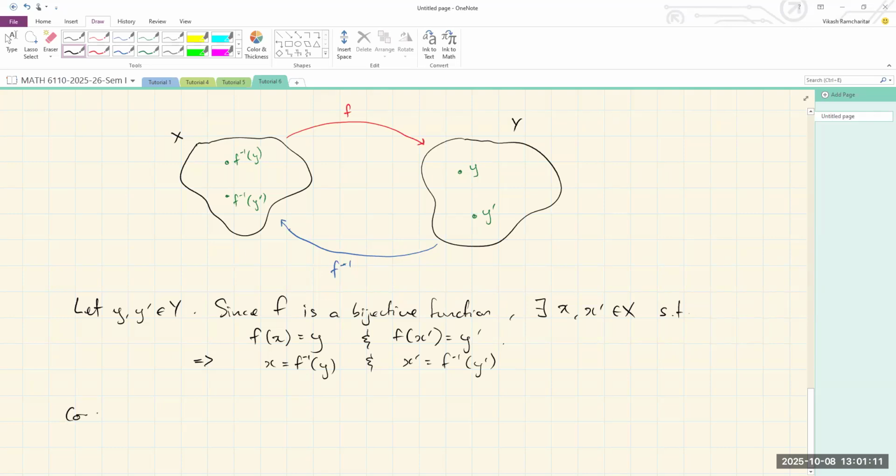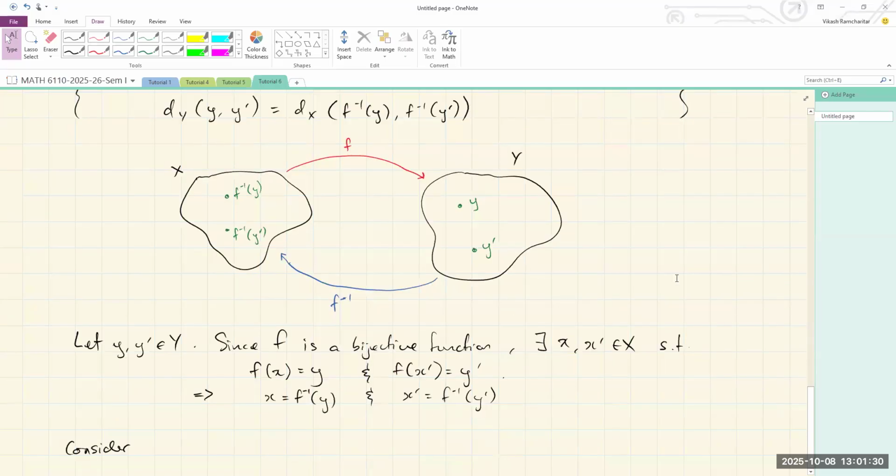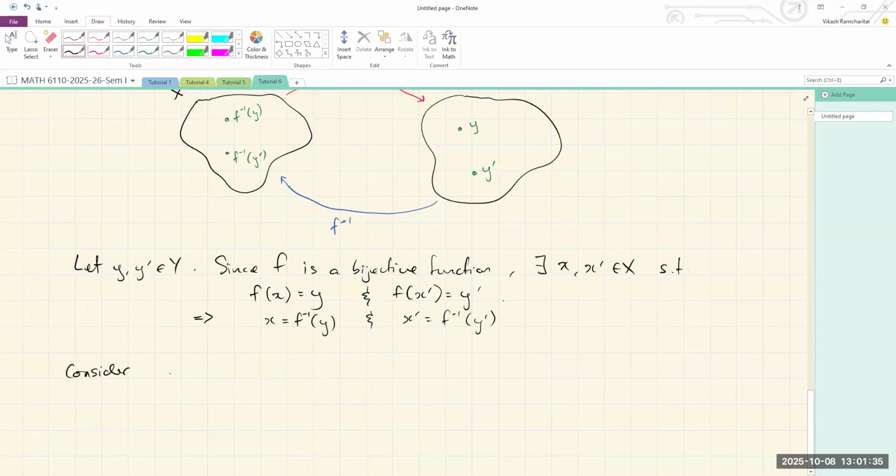So now I just need to consider, let me scroll back up, what do I want to prove? I want to prove this part here. You can start at any side, so maybe let's start with d sub X of f inverse y, f inverse y prime. So consider d sub X of f inverse y, f inverse y prime.